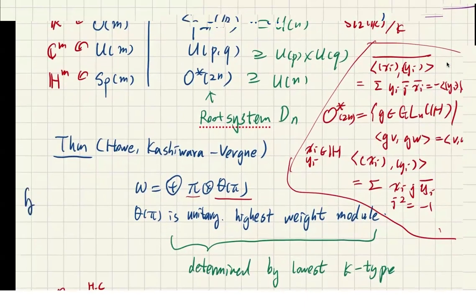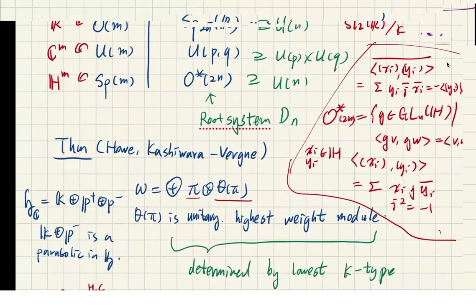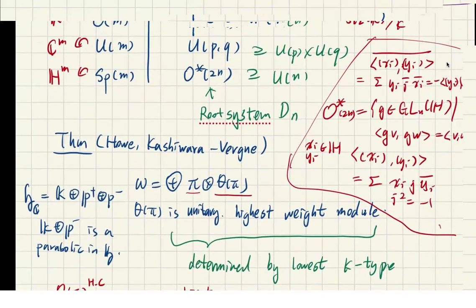So H_C will have the decomposition of K plus P plus plus P minus, and the K plus P plus is okay, maybe I write P minus is parabolic in H. So that basically the complexification of the algebra of H will have a decomposition.